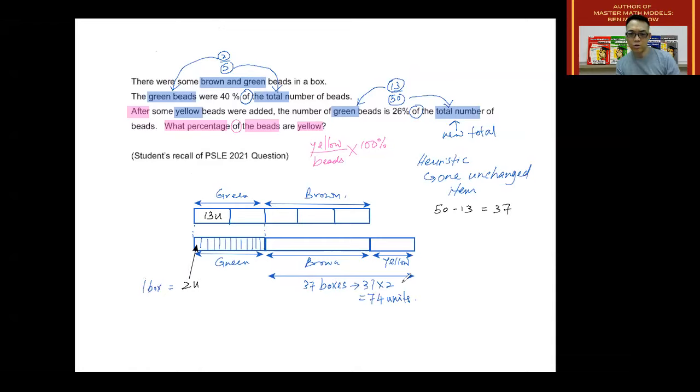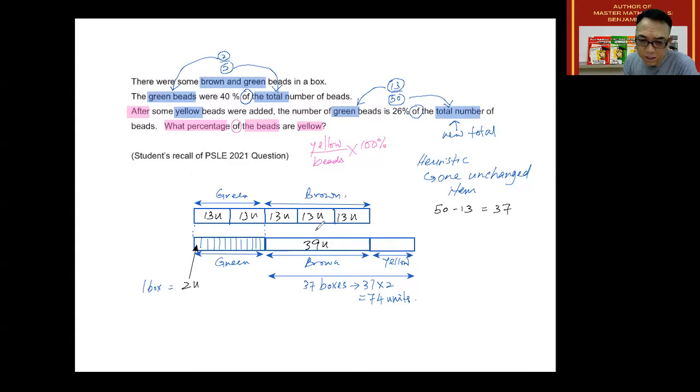Okay, now we do not know how to separate that 74 units yet, but no worry. Let's go up and look at this again. This will help us. So if this is 13 units, then all these are all 13 units. And now we know that if this is 13, 13, and 13, then we also know that this is 39 units.